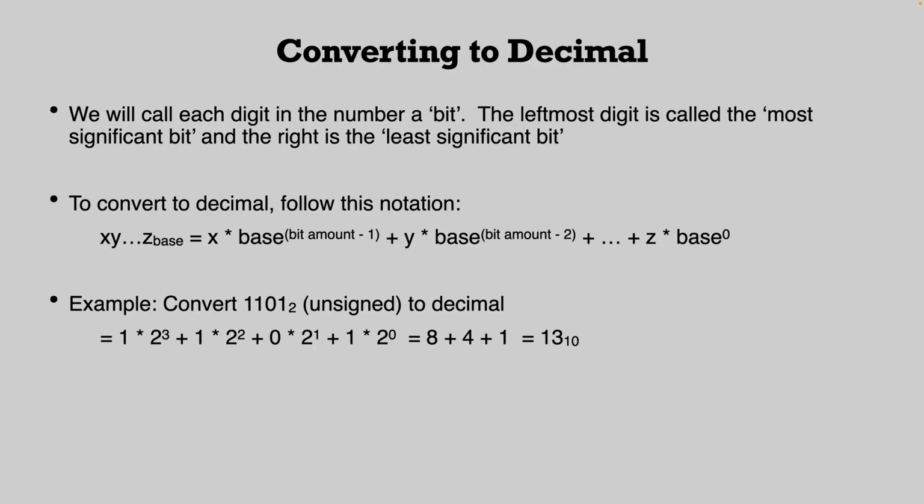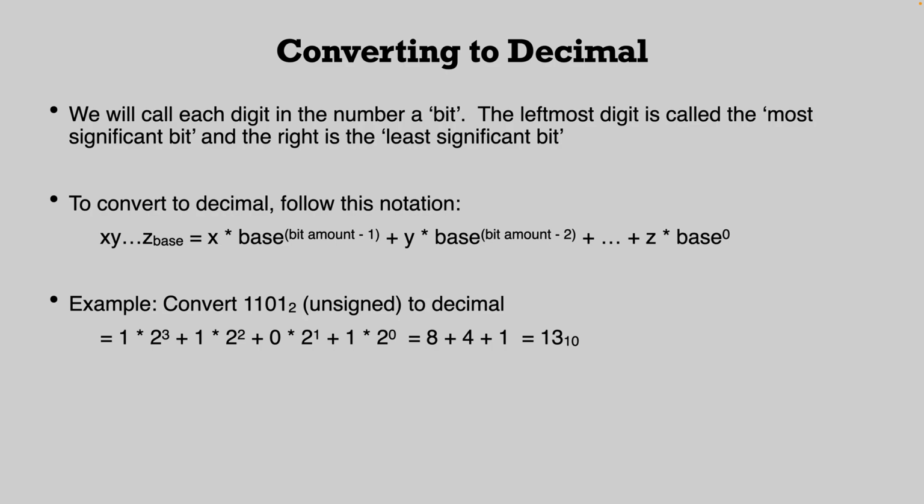Okay, so now that we know our number bases, we can start to talk about converting between them. So first we'll talk about converting some of our number bases to decimal. For our purposes, we'll just call each digit in the number a bit. The leftmost digit we'll call the most significant bit, and the rightmost will be the least significant bit.